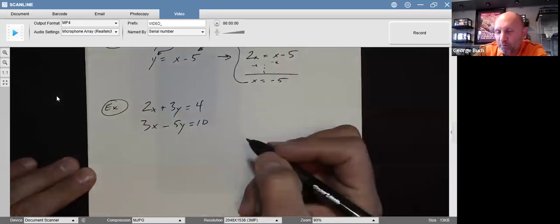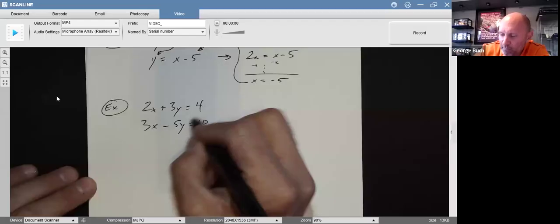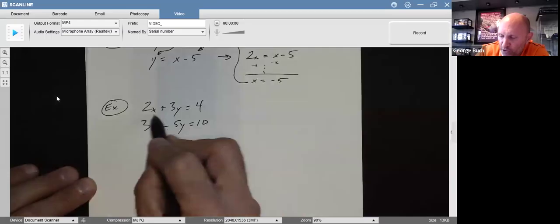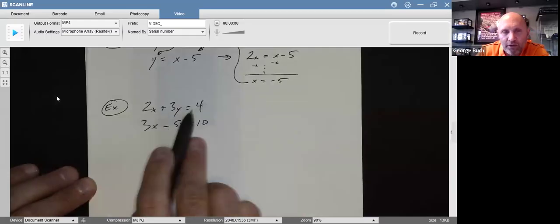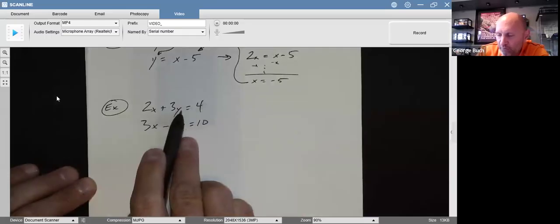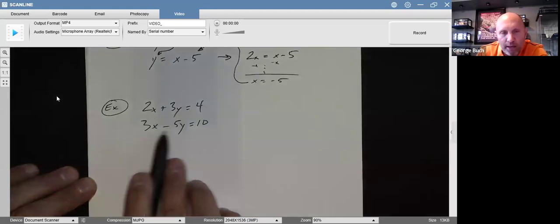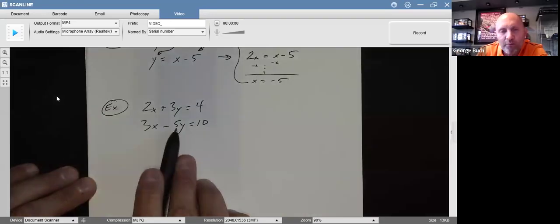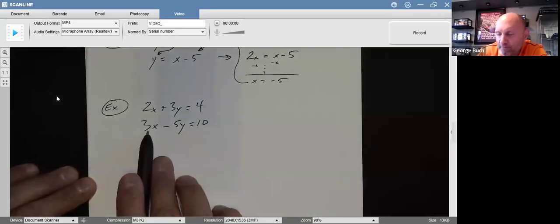And these might not work out. I'm just making these up off the top of my head. But the idea being that I can't really solve this equation for x and y and get nice numbers. I can't solve the second equation for x or y and get nice numbers. I could divide by this -5. That'll work with the 10, but then I get a fraction with the 3.